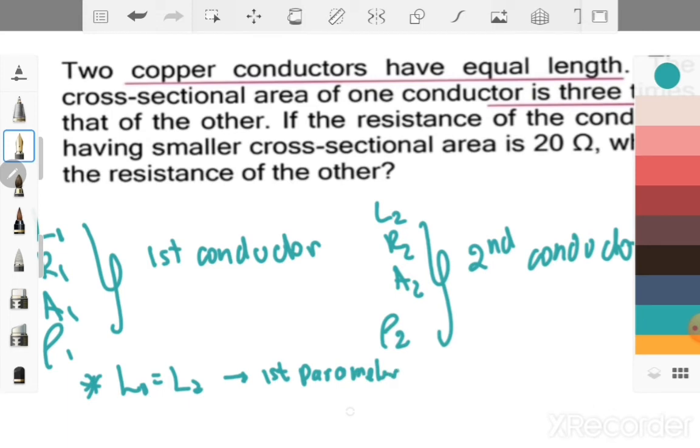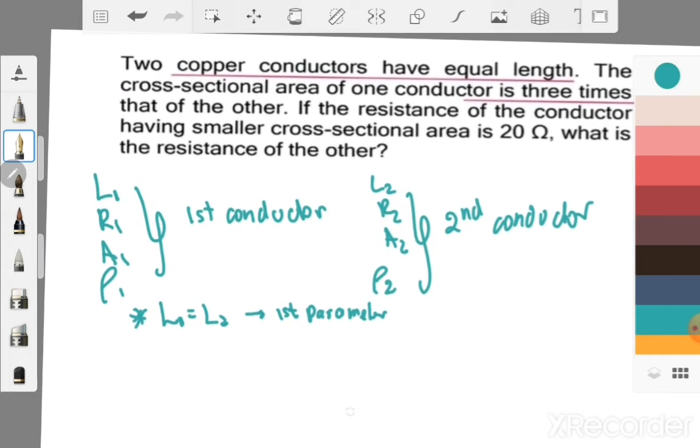Next, the cross-sectional area of one conductor, A1, is equal to 3 times that of the other, so A1 is equal to 3A2. This is our second parameter. Do they have equal volume?